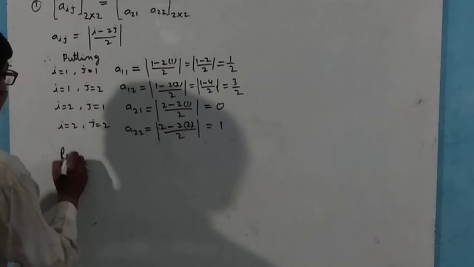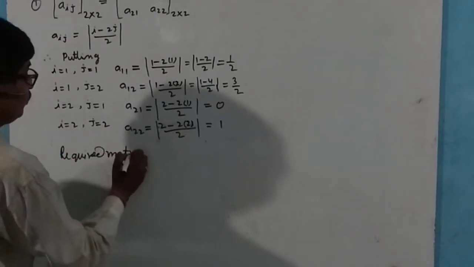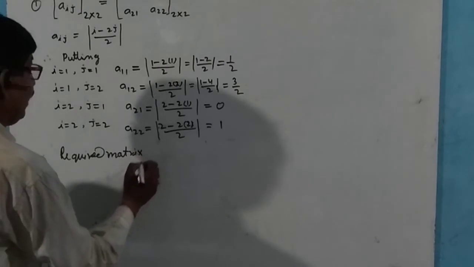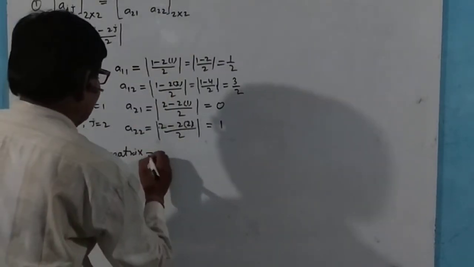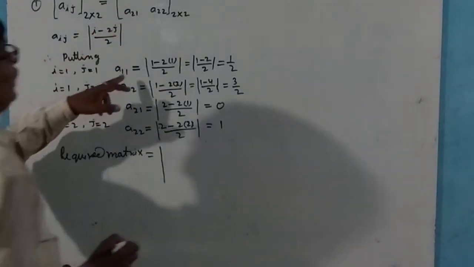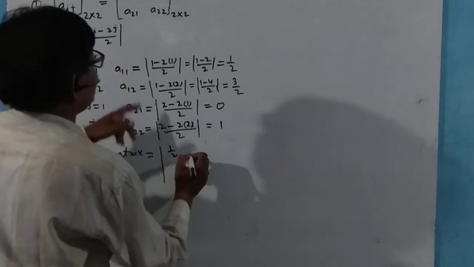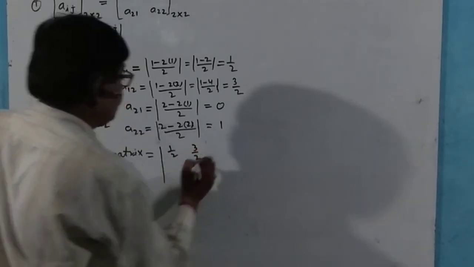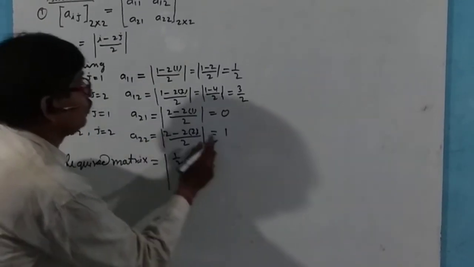So the required matrix: here find out the matrix. Required matrix will be A11 means half, A12 is 3 by 2, A21 is 0 and A22 is 1.